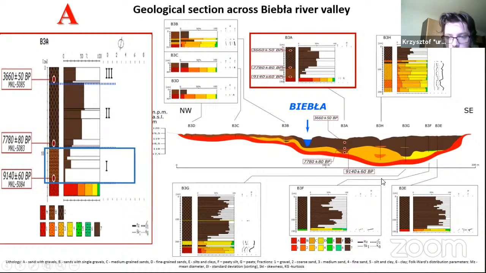And in the center of the riverbed, the top of the sands and gravel surface is much lower. The segment is filled by peats, and we can distinguish several depressions.